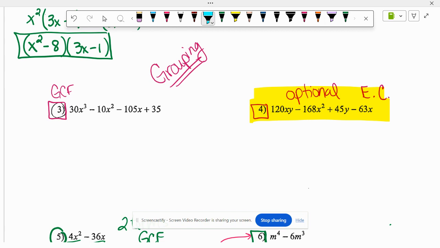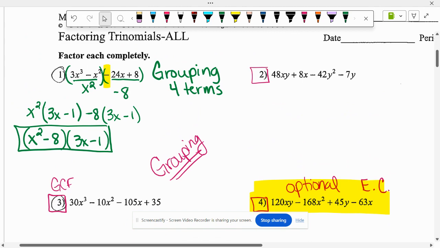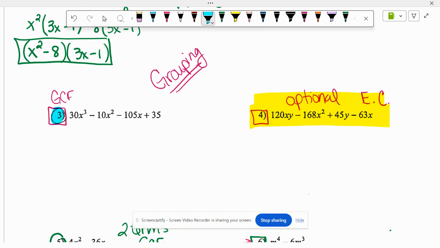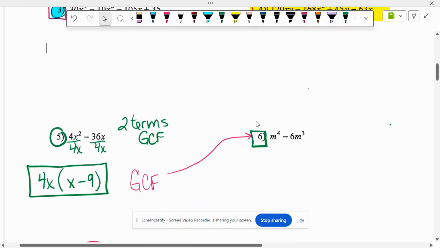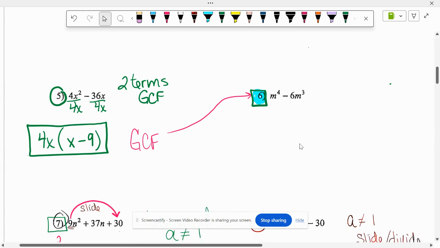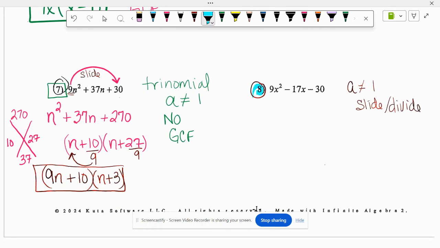And then I will highlight the problem numbers of the ones that you need to do. So you need to complete number 2 and number 3. You need to complete number 6 and number 8.